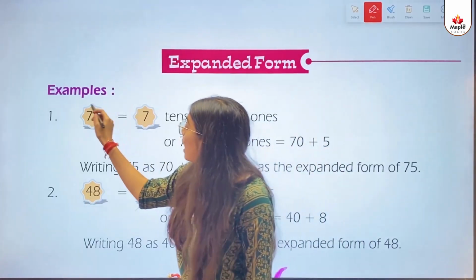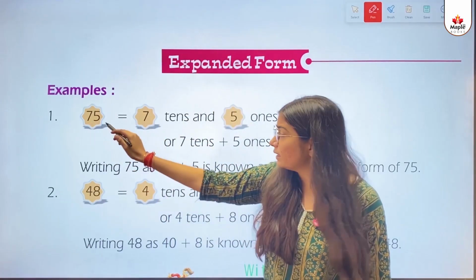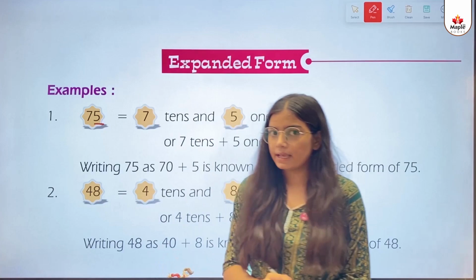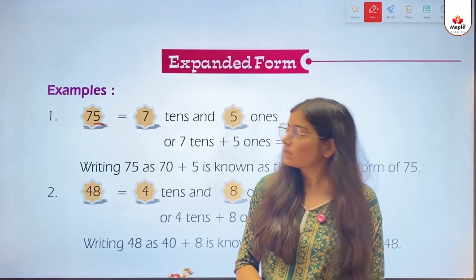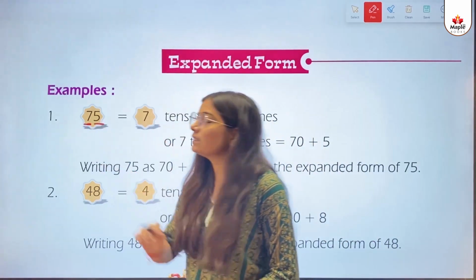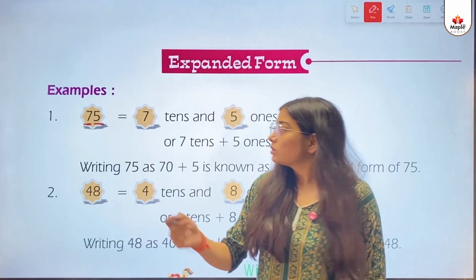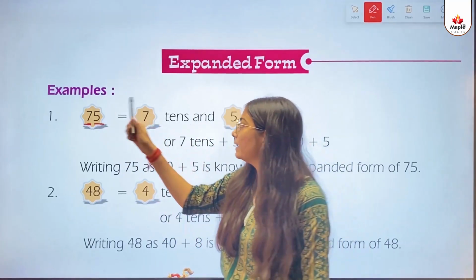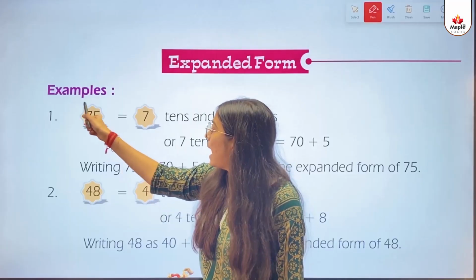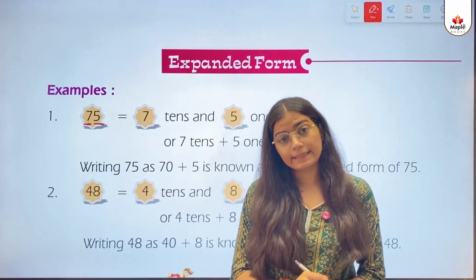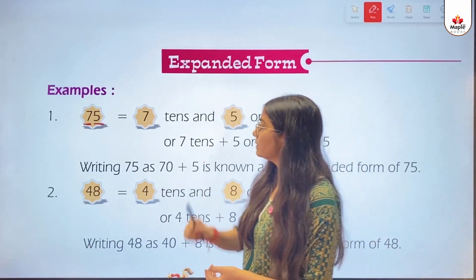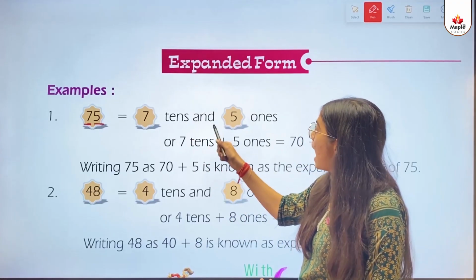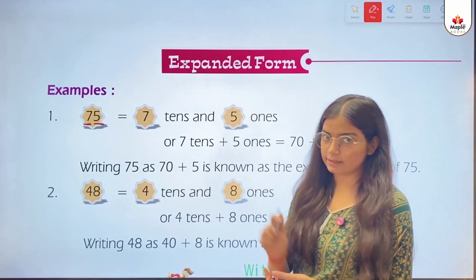As you can see, here is written 75. This place is called ones and this place is called tens. The backward one is the smaller one, that is called ones, and this one is called tens. As you can see, there is written also 7 tens and 5 ones.